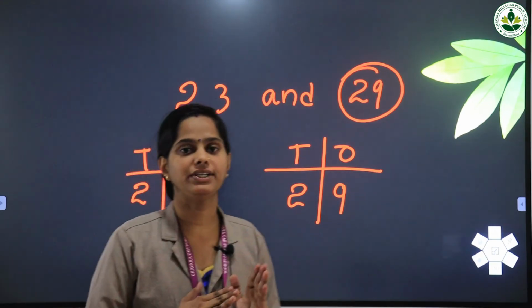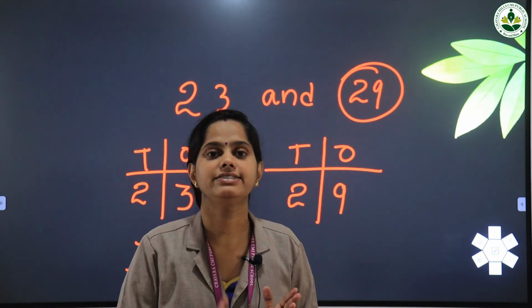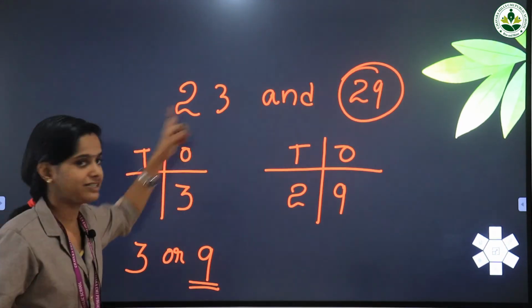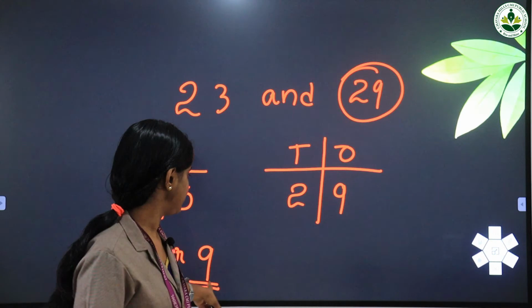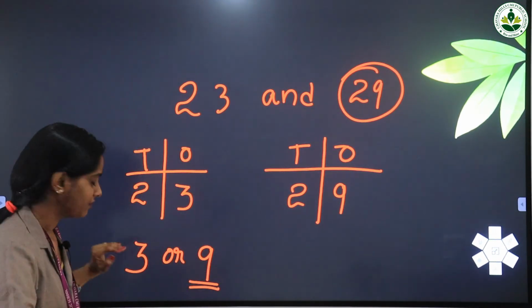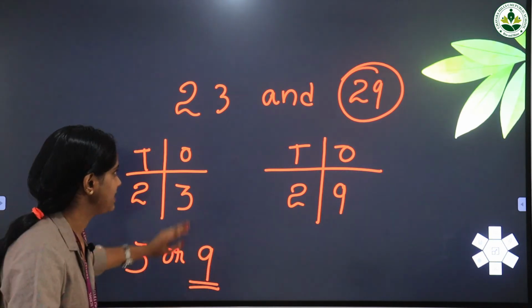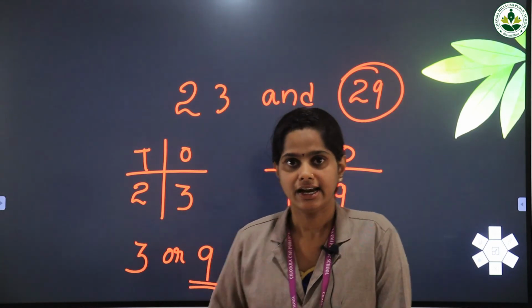So we move to the next place, that is, the digits in the ones place. Here the digit in the ones place of 23 is 3, and of 29 it is 9. So we check which is greater. We know that 9 is bigger. So we can say that 29 is the bigger number.